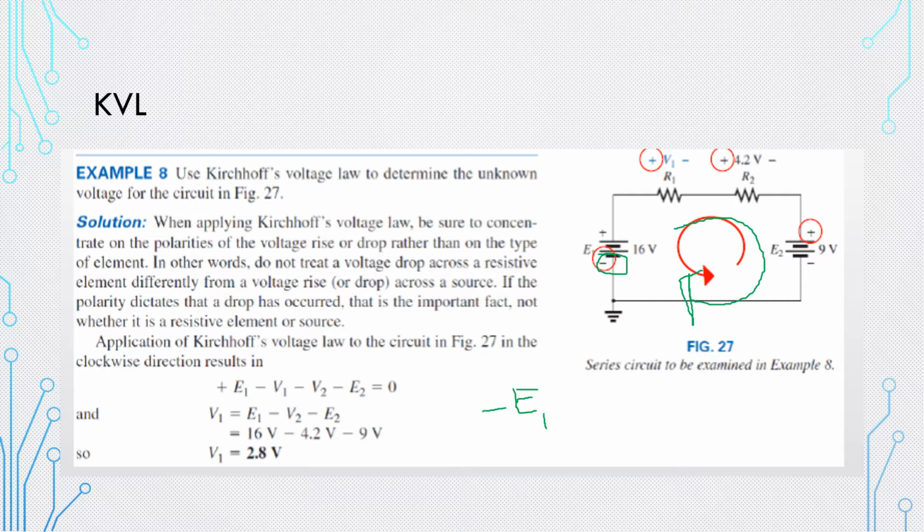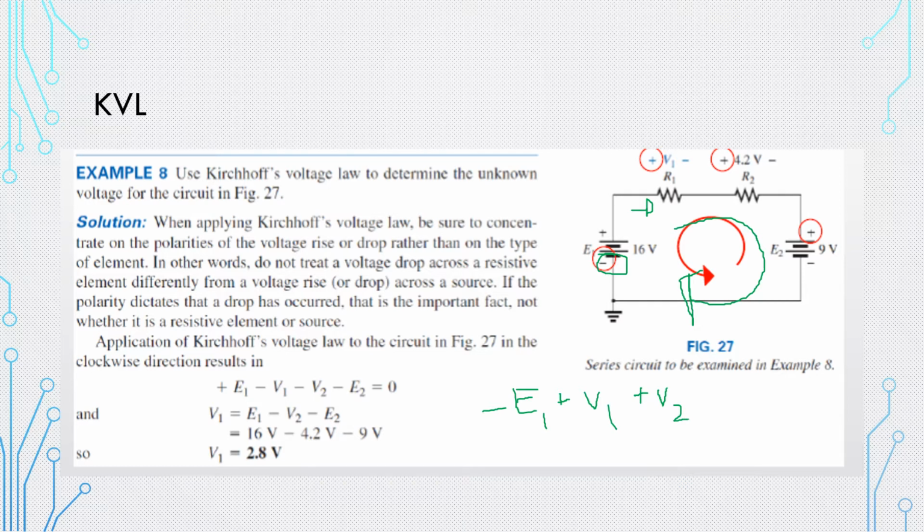Then I go here and follow the arrow. The arrow is gonna look like this, and it sees first the positive sign for V1. Then this is positive V1. After that, the arrow sees first for this element the positive sign, so I'm gonna have positive V2.